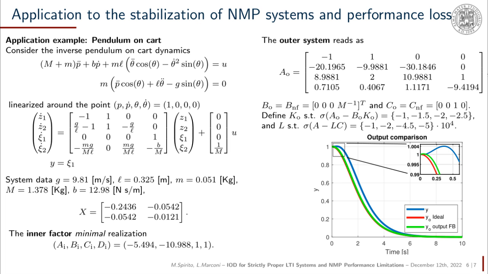And we can actually see that we are able to limit the undershoot of the output, in this case to a value of 0.4% of the initial output value.